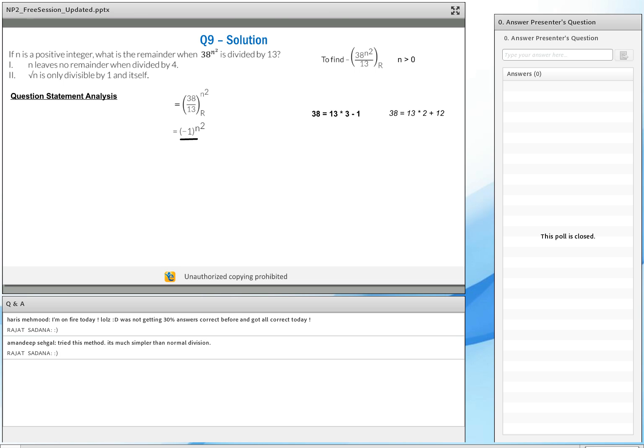How many of you were able to get to this? Let's reopen the poll. How many of you said, hey, the remainder is going to be minus 1 to the power n square?